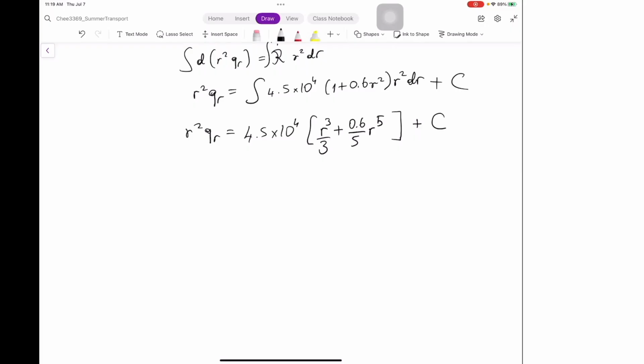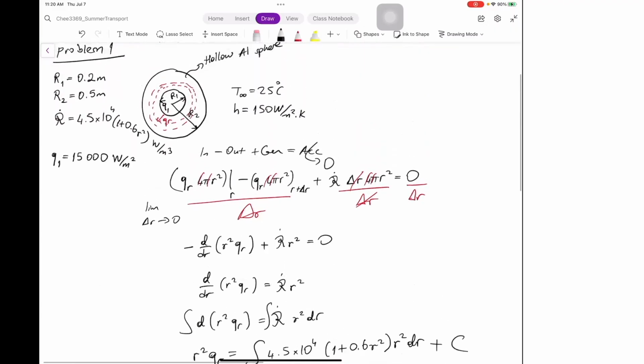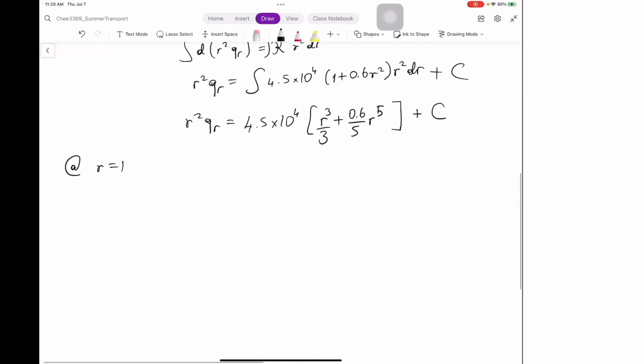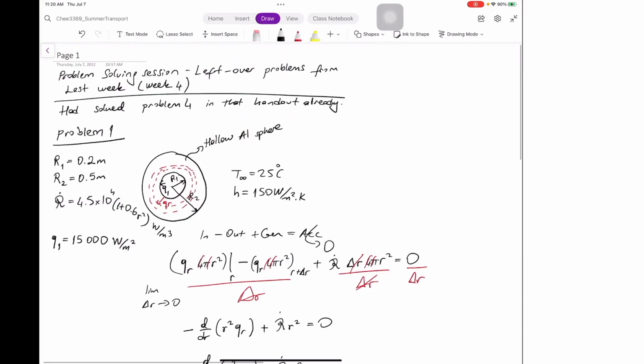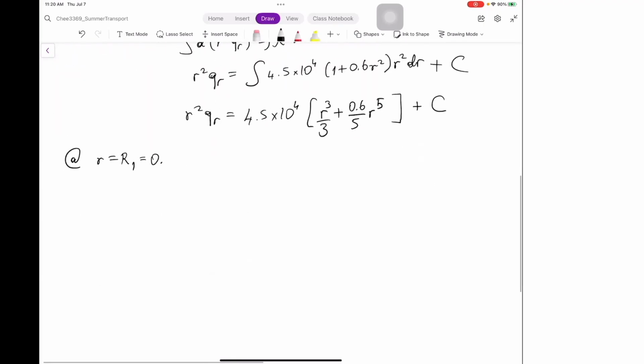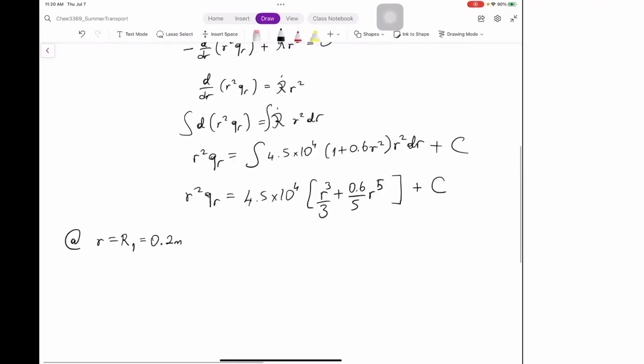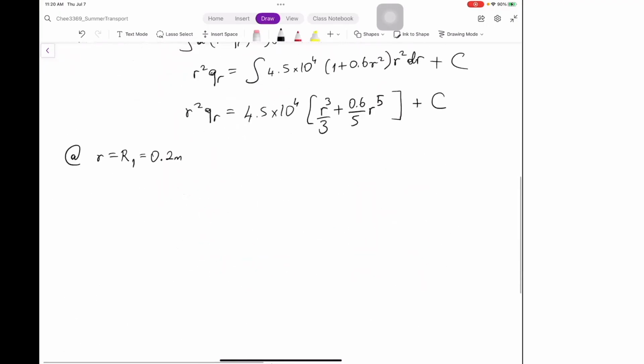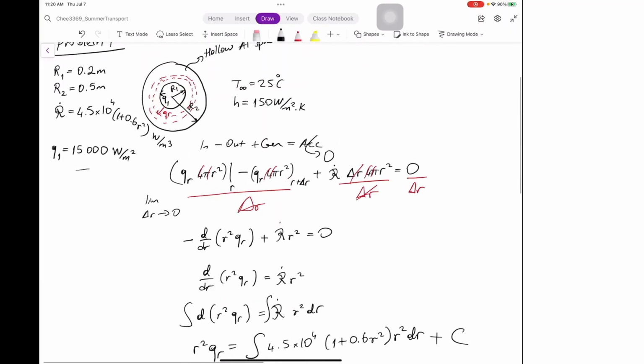I have one boundary condition to find the C before you write down Fourier's law if you need. And the boundary condition is at R equal to R1, which is equal to 0.2 meters, correct? I know that the flux is this much.